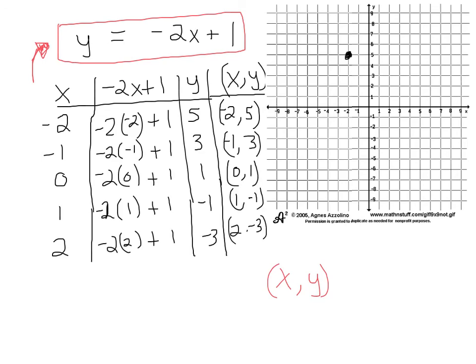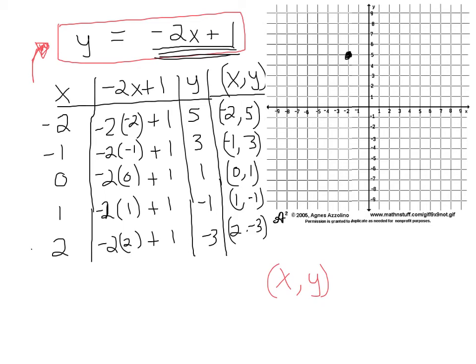Okay, so you can see that after I plug in each of these values, -2, -1, 0, 1, and 2 for x, I get a specific y. As I plug in 0, I get a 1 for y after I do the function rule. The rule is to take x, multiply by -2, and then add 1. If I do that, of course, I get 1.